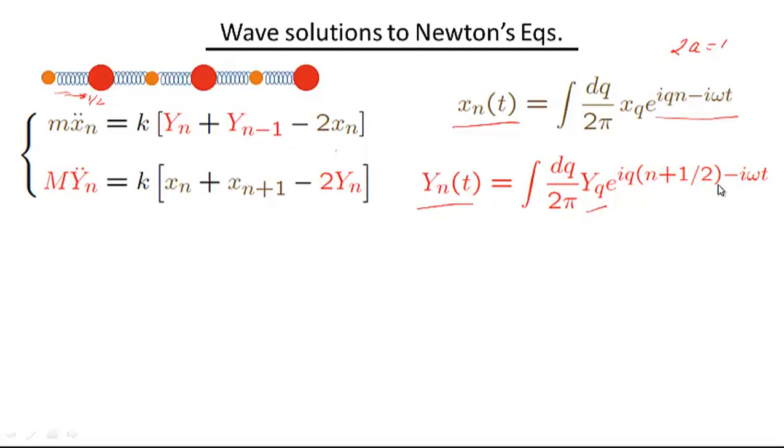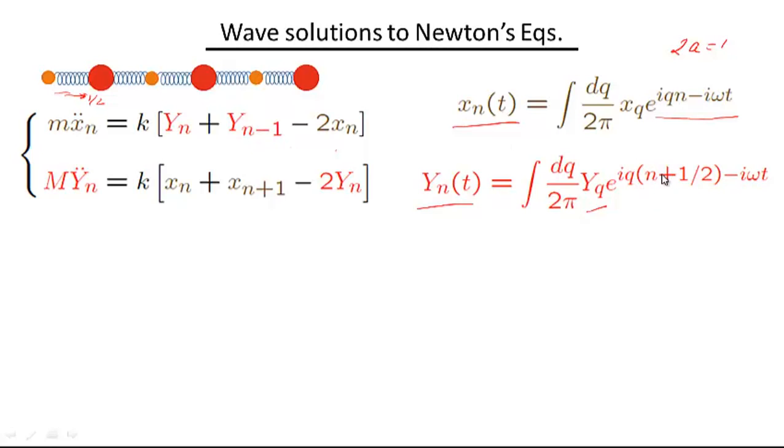And now the next step in the solution is to plug these trial functions into the Newton equations and to see if we can find a self-consistent solution, which is consistent both with the Newton equations and with this representation. And going a bit ahead of myself, of course, the reason I'm presenting this solution is because we will indeed find that it's self-consistent.